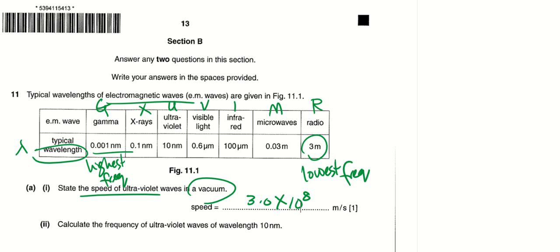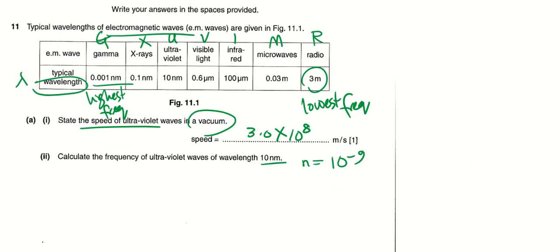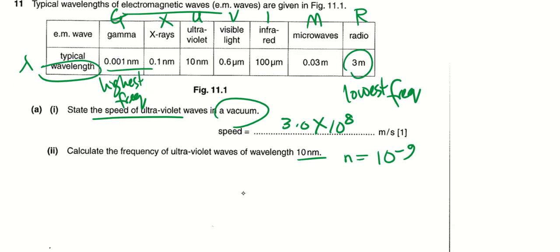Therefore, they ask us to calculate the frequency of ultraviolet waves of wavelength 10 nanometer. Now nano is actually 10 to the power of minus 9. You need to know this. So the wavelength is 10 times 10 to the power of minus 9 meters. The speed is 3 times 10 to the power of 8.